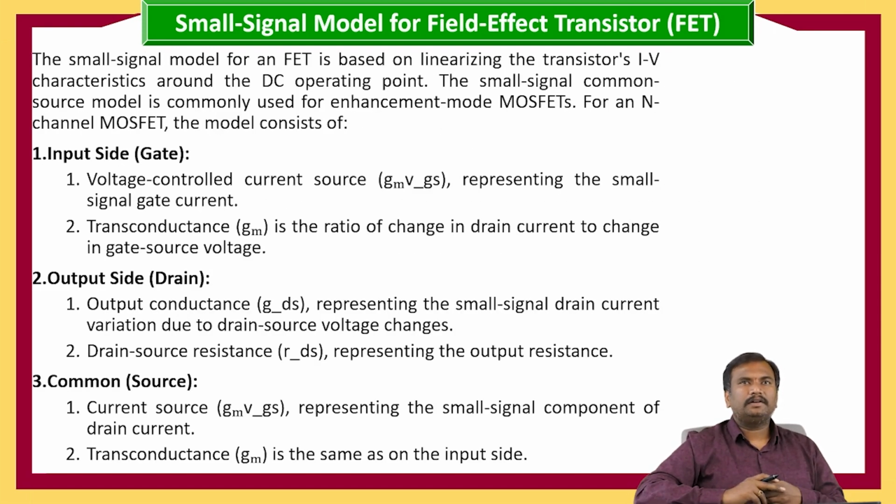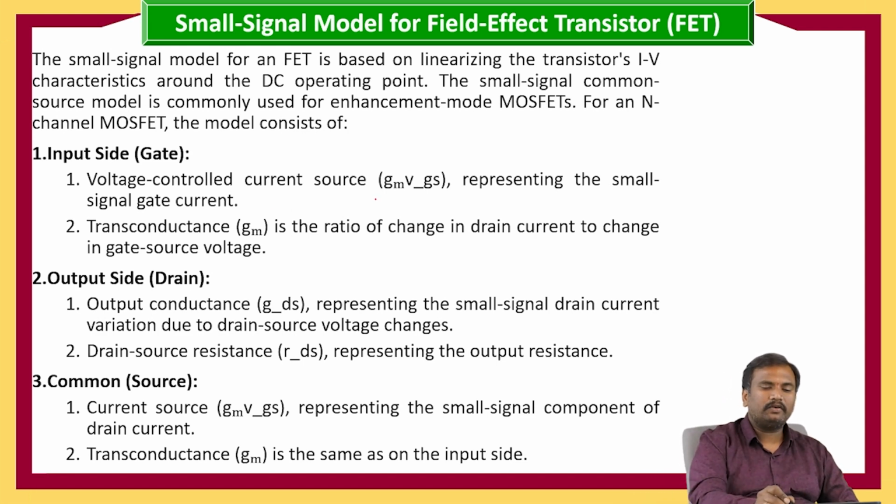For the field effect transistor we are going to have the same input, output and common. Here the input side is the gate, the output side is the drain, and the common is the source. Here the voltage controlled current source is gm times vgs, the gate to source voltage, because the source is the common terminal.